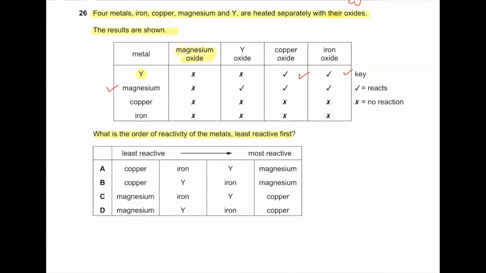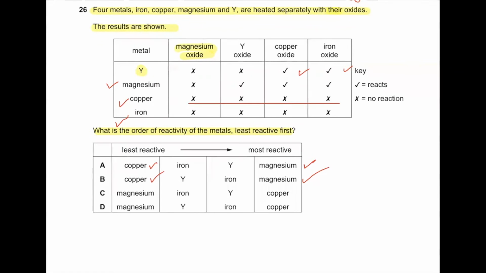So we must consider the least reactive to be copper and the most reactive to be magnesium. These two we have already figured out. Now for copper, we can see copper cannot displace anyone. That means it is the least reactive. Also proven. Iron cannot displace anyone.